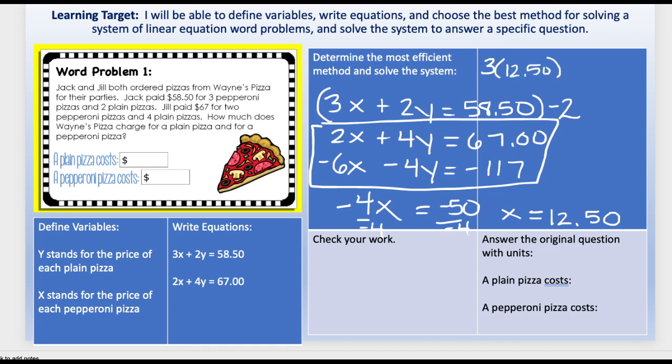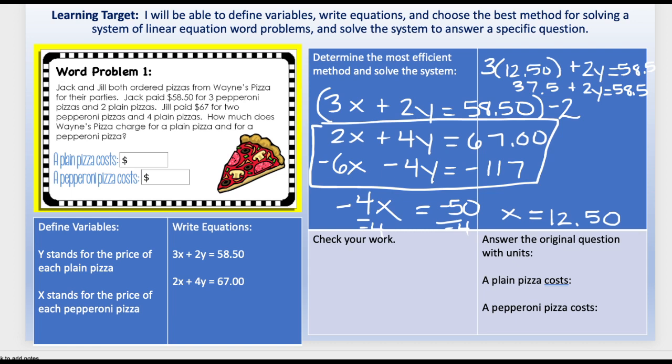And now I'm going to solve the equation for y so I can figure out the price of each plain pizza. All right, so 3 times $12.50 is $37.50, plus 2y is equal to $58.50. So in this step, I'm going to subtract both sides by $37.50. $58.50 minus $37.50 is 21.